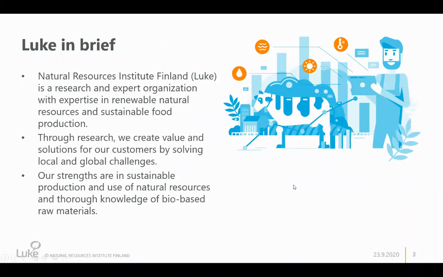Well, first, briefly about Luke in general, what we do. As you study in Aalto University, and maybe most of you are in Otaniemi, you might know VTT better, and Luke is a similar government research organization as VTT, but our research area is renewable natural resources.